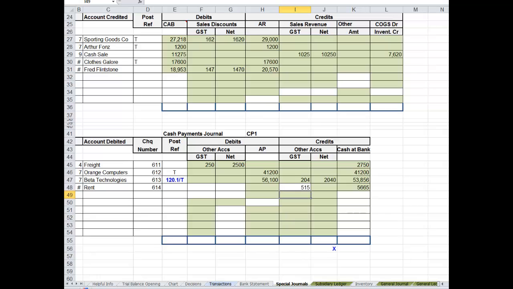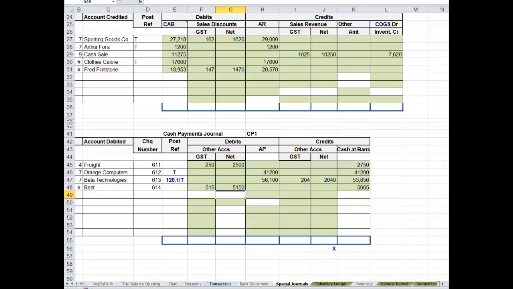Now there's a component of that which is GST, a GST debit equals, and then there's the amount that's actually equivalent to the rent that we pay. Now this is in other accounts, which we'll have to post.